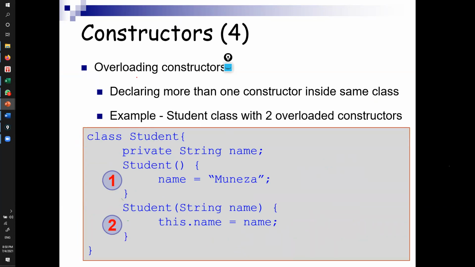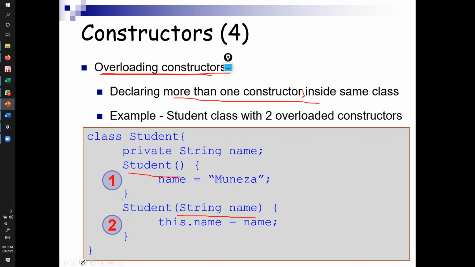As we discussed the concept of method overloading, also in terms of constructors, we can have what we call constructor overloading. What does it mean? You have more than one constructor inside the same class. Like this one, it's a constructor with no parameter, a constructor with one parameter.